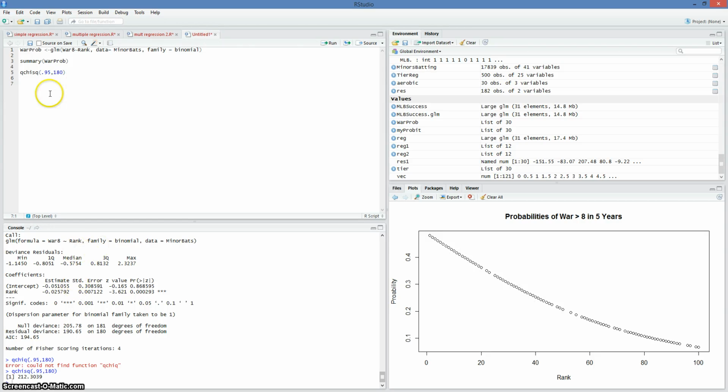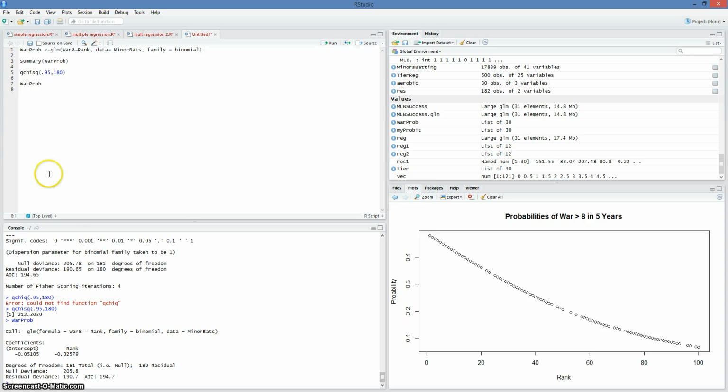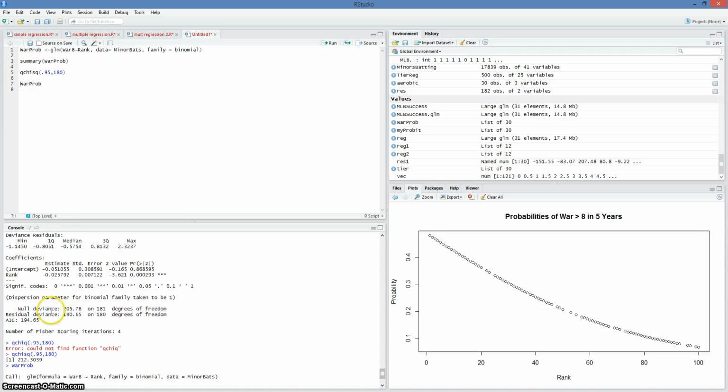But if we look at this data, what does the coefficient actually mean? A coefficient with a beta 1 of negative 0.02 is really kind of hard to interpret because it's a probability regression model.